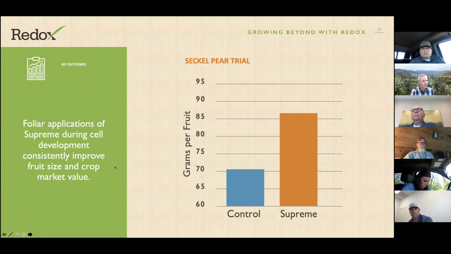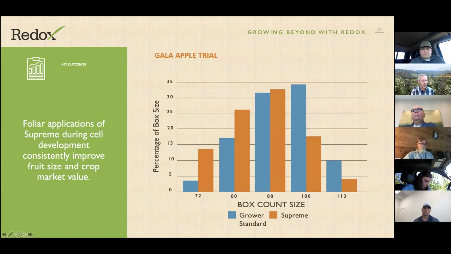And probably the most interesting for me anyway is this Gala apple trial. Peak size went from 100s in the grower standard treatment to size 88. So it shifts the curve up a size, but you also have considerably more size 80s and 72s.